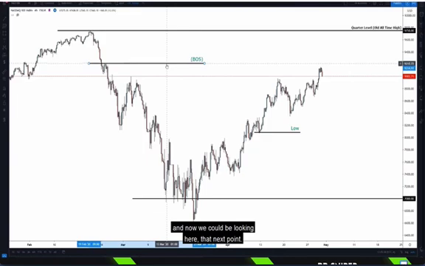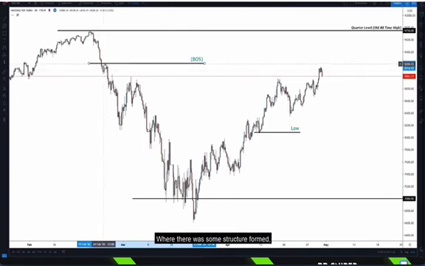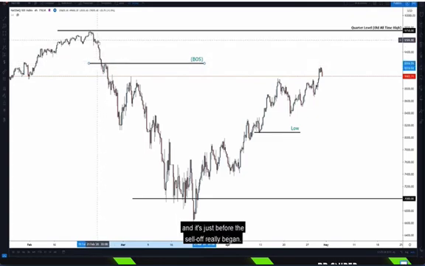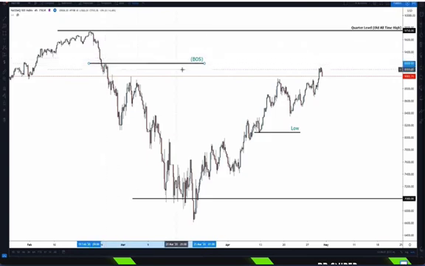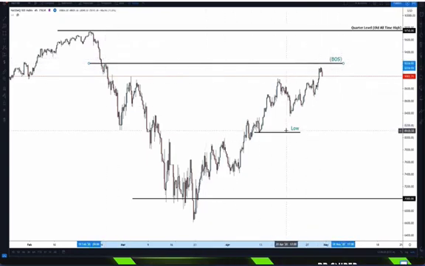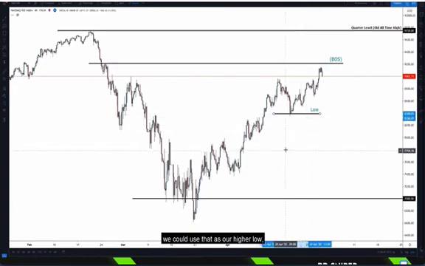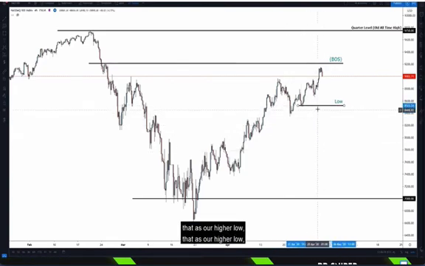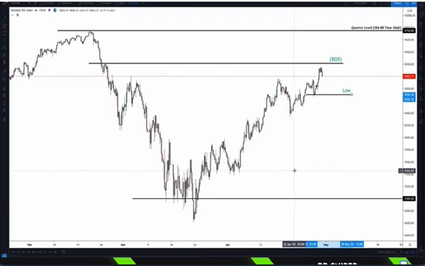Now we could be looking here, that next point where there was some structure formed. The market spent a little bit of time there, and it's just before the sell-off really began. So looking for that higher high to get formed. We could use that as our higher low, that as our higher low, that as our higher low.